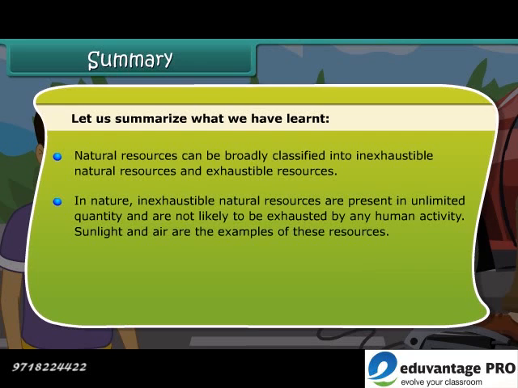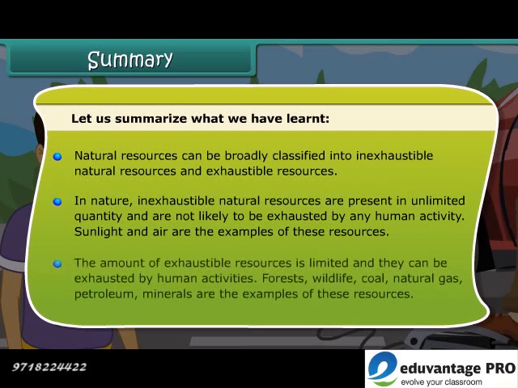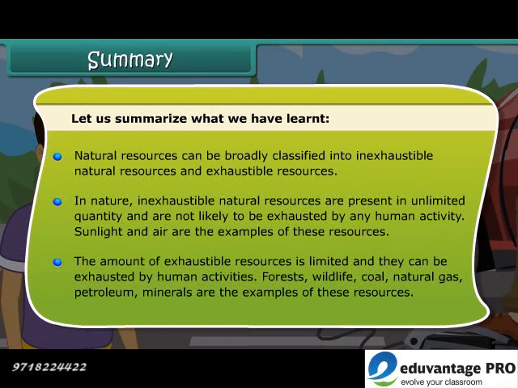Sunlight and air are examples of such resources. The amount of exhaustible resources is limited and they can be exhausted by human activities. Forests, wildlife, coal, natural gas, petroleum, minerals are some examples of these resources.